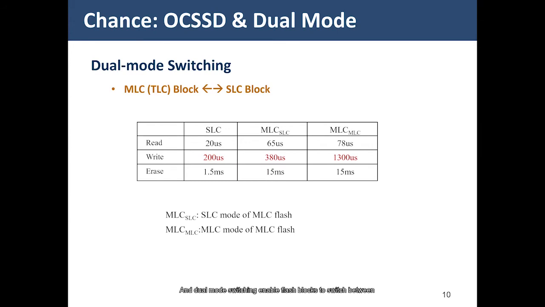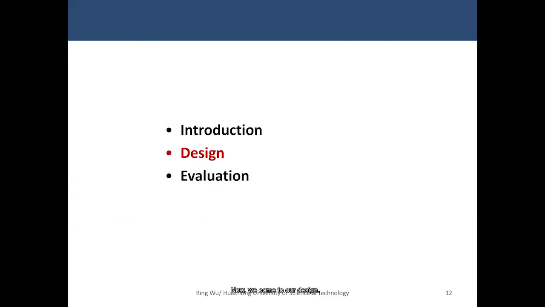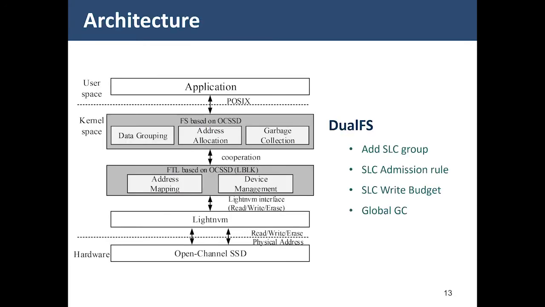And the dual mode switching enables Flash blocks to switch between high performance SLC blocks and large capacity MLC or TLC blocks. So we get a simple idea. With the help of OCSSD, we want to combine FS semantics to maximize the usage of SLC blocks to speed up the I/O requests. Now we come to our design.